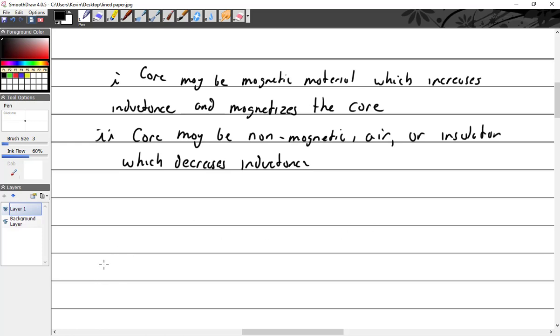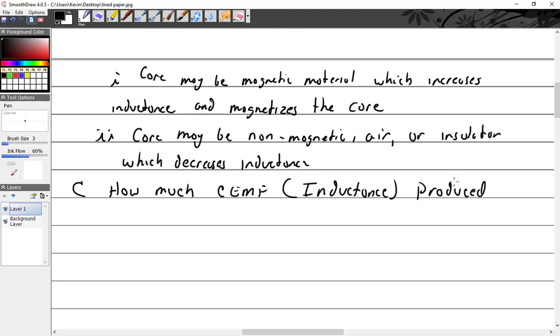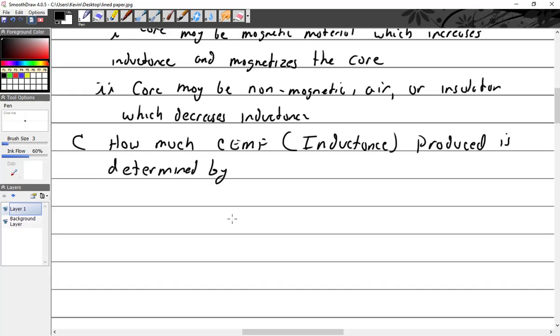How much CEMF, or inductance in our case, is produced is determined by a couple of things. I already told you some of them.